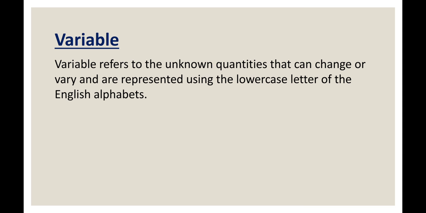Next, move to variable. As I have already mentioned in the previous slide about variable and constant. So what is a variable? A variable refers to an unknown quantity that can change or vary, and is represented by a lowercase letter of the English alphabet, that is, all A to Z in small case.